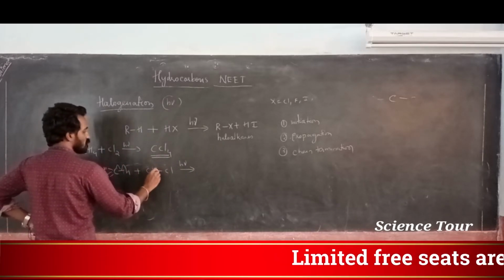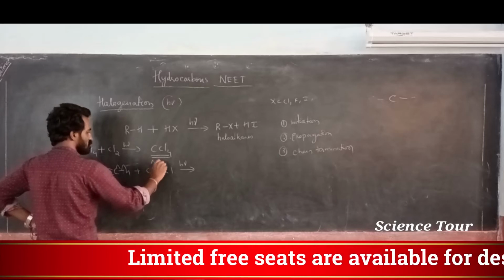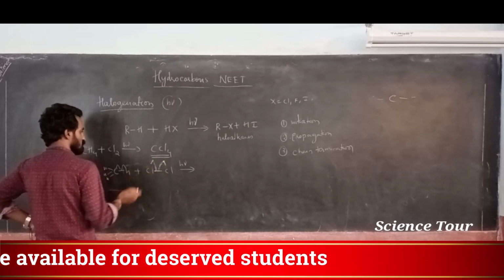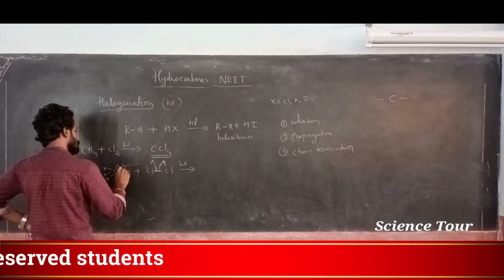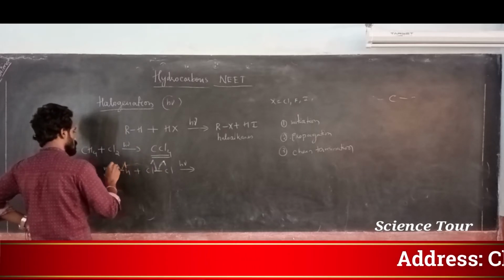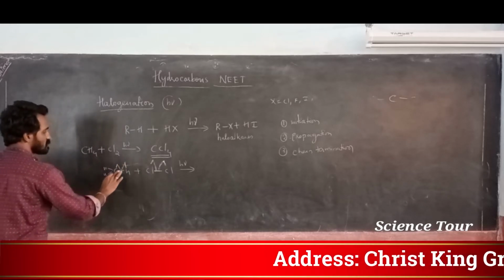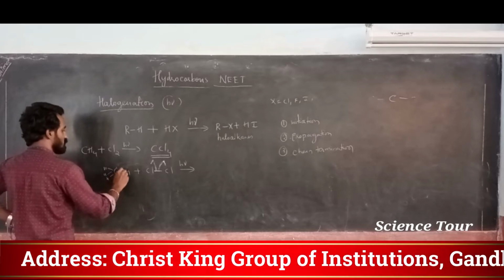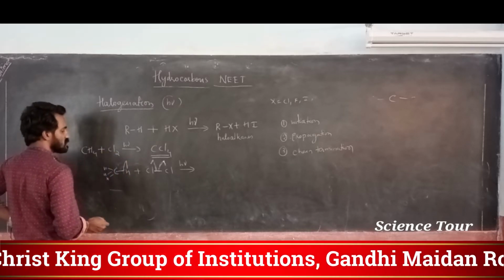See, homolytic and heterolytic cleavage is there. In homolytic cleavage a single electron is moving. See here 2 electrons are there, my dear students, note down here 2 electrons are there. 1 electron will move, that is what I am showing.